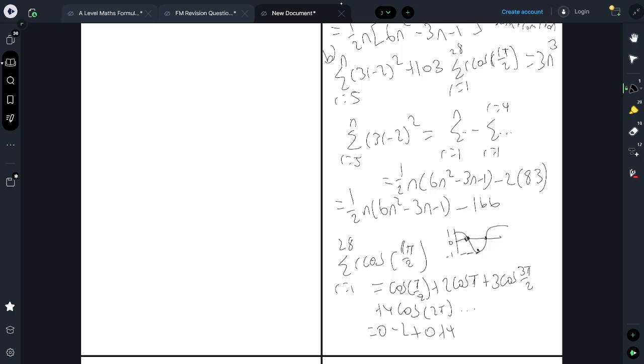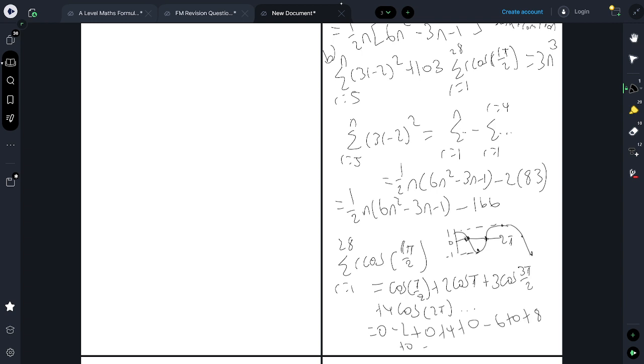And then the next multiple of pi over 2 would be here, which is 0. And then 2 pi gets us 1. Okay, now you should notice the pattern because of this. So it's going to be 0 minus 2, then plus 0 again, because again it's going to dip down like this to 0. Then you can have a negative. But then it's going to be 6, so that's a sixth term. And then plus 0, plus 8.